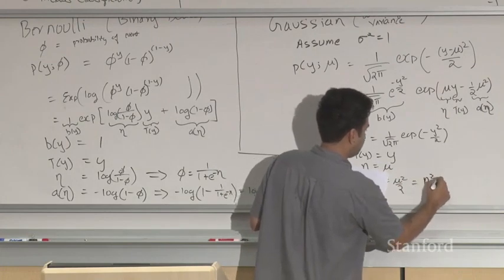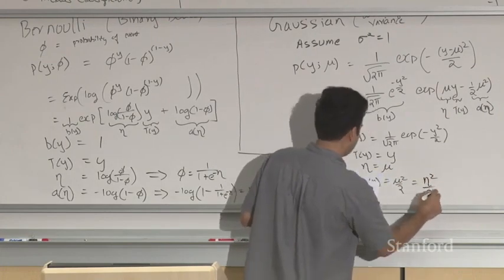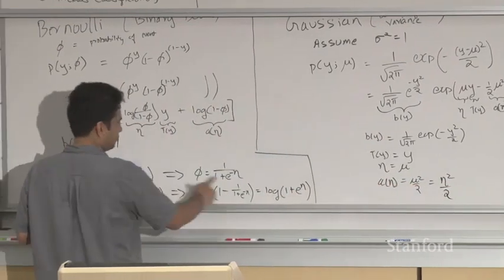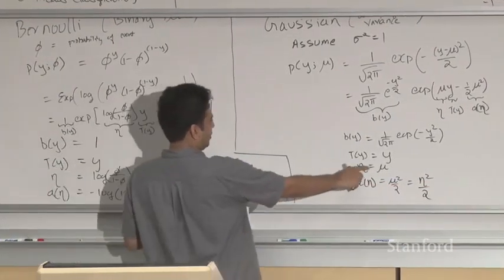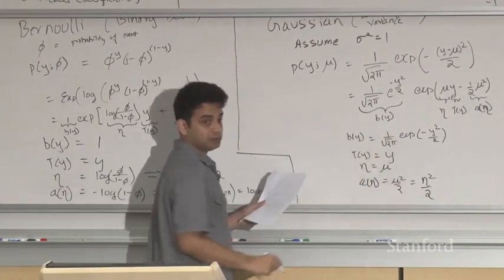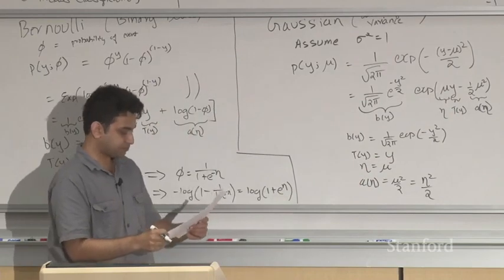So it's eta over 2. So a of eta is a function of only eta. Again here, a of eta was a function of only eta, t of y is a function of only y, and b of y is a function of only y as well.